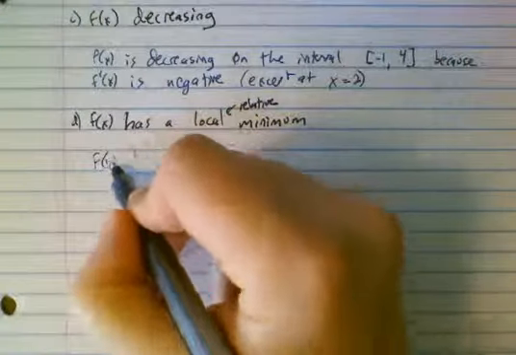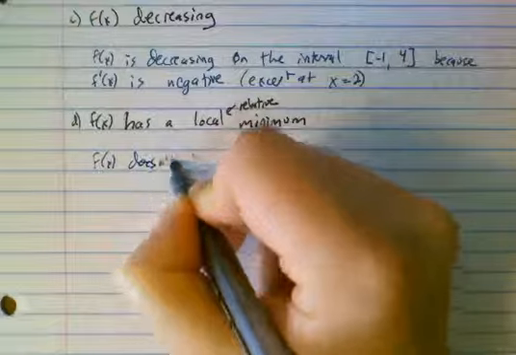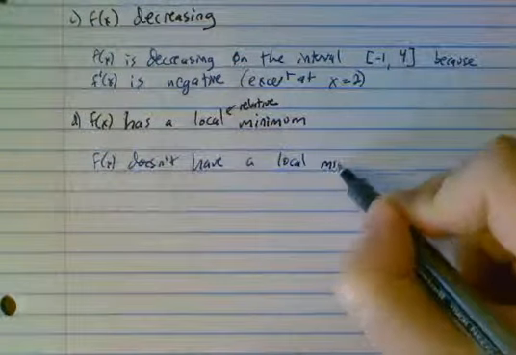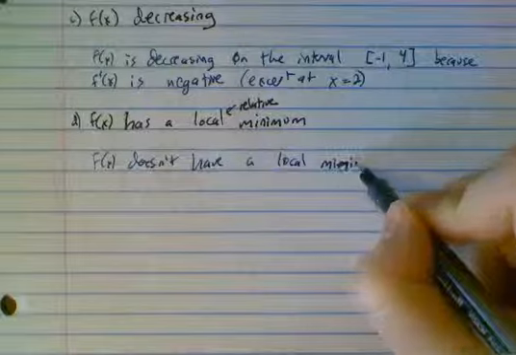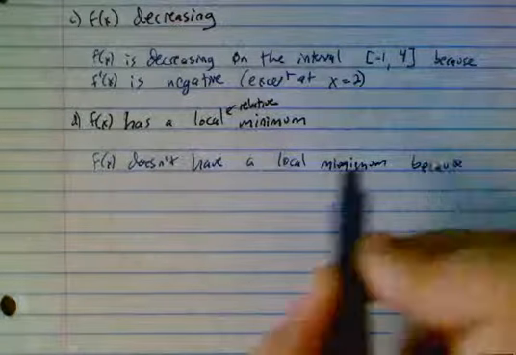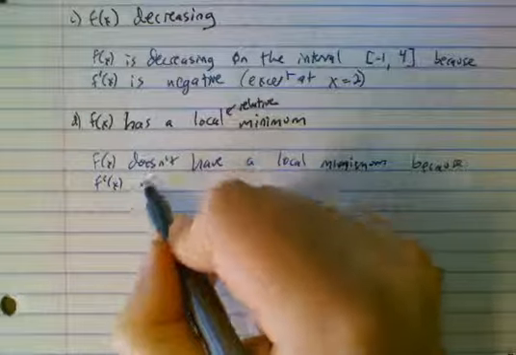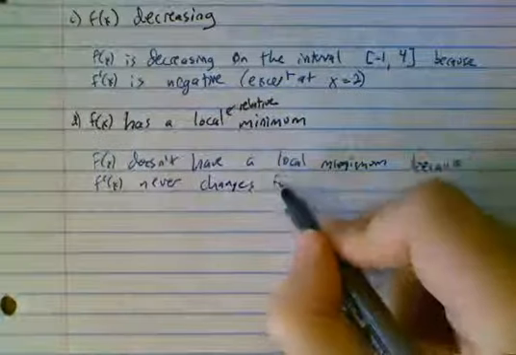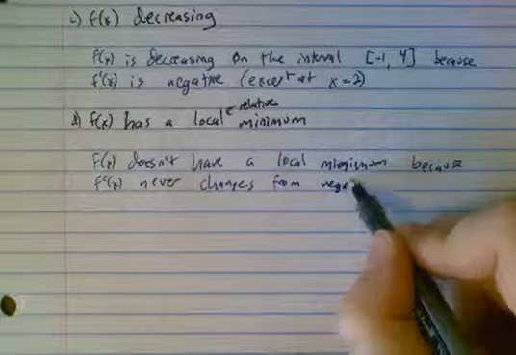So in this case, f of x doesn't have a local minimum because f prime of x never changes from negative to positive.